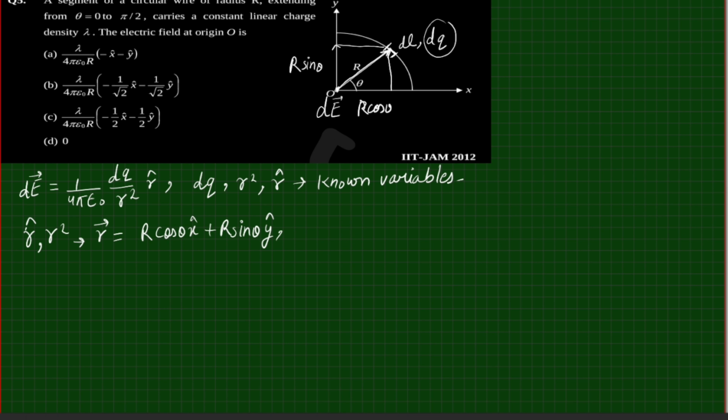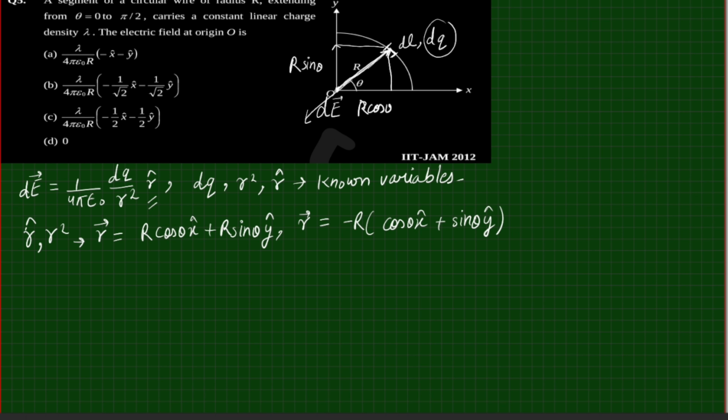And there is a catch in this question. In the dE formula, this r cap is from origin to source, but here we have calculated it in the opposite direction, because due to this dq charge, the electric field will be in this direction, and we are measuring it in the opposite direction, so we have to take a negative sign here. So r vector will be equal to minus r (we have taken common) cos theta x cap plus sin theta y cap.